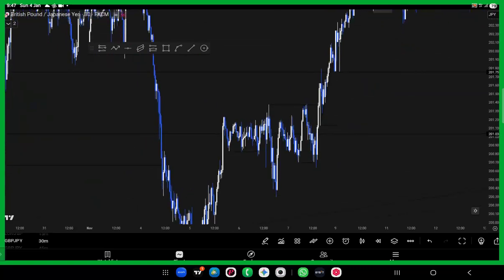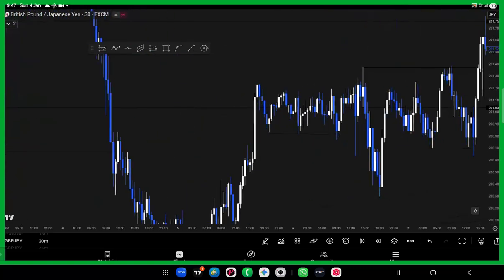Oh, sweet. See this one. Your ranging liquidity is there. Granted, there's this fair value gap here, where you can go with this breaker block instead.